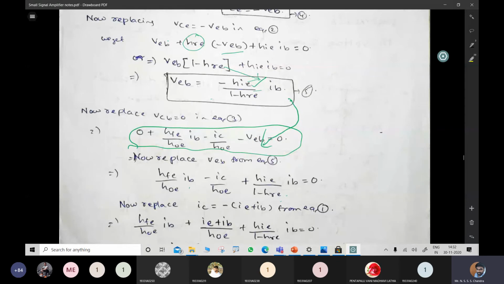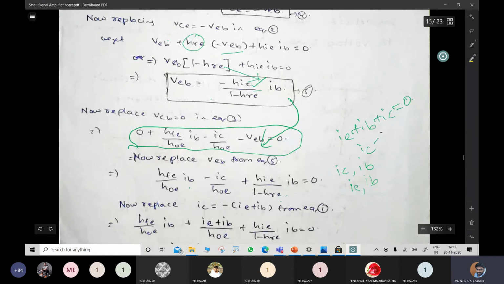Now we got this equation. In this equation, we have two current terms, one is the IC and the other is IB. Now what we are going to do is replace the IC in terms of IE and IB. From the KCL we already got that IE plus IB plus IC equal to 0.